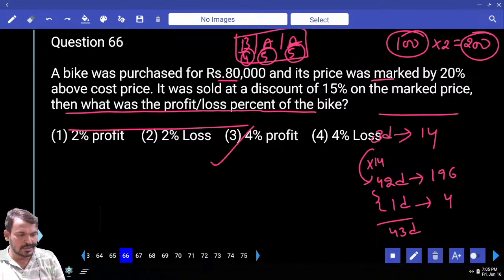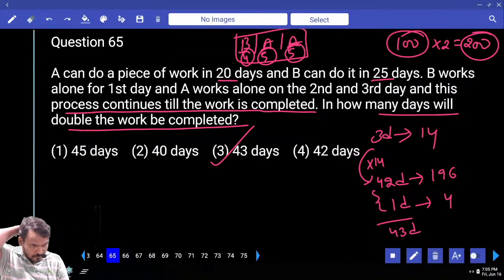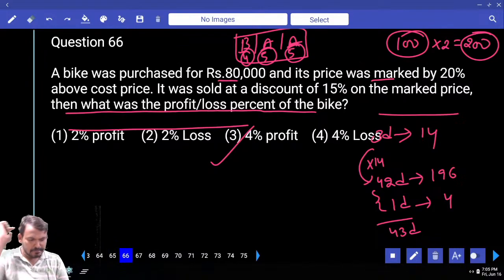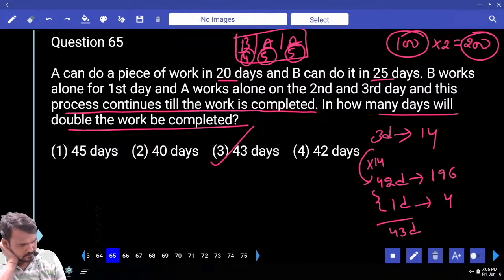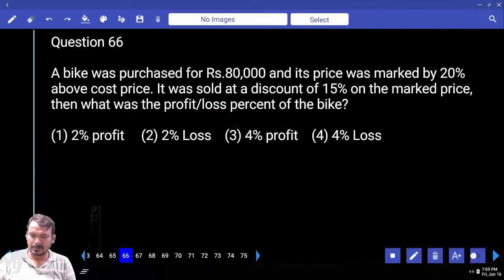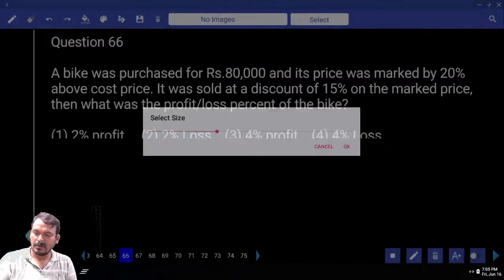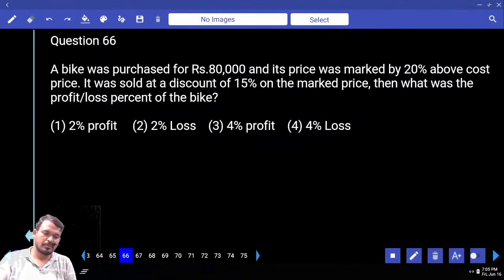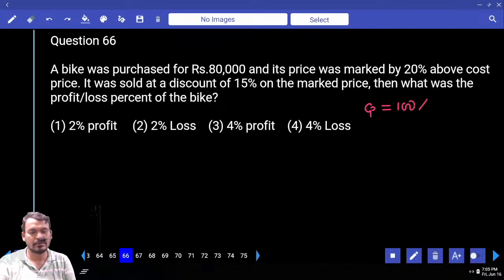Next question number 66. A bike was purchased for 80,000 and its price was marked by 20% above the cost price. It was sold at a discount of 15% on the marked price. Then what was the profit or loss percent on the bike? CP is always 100%.